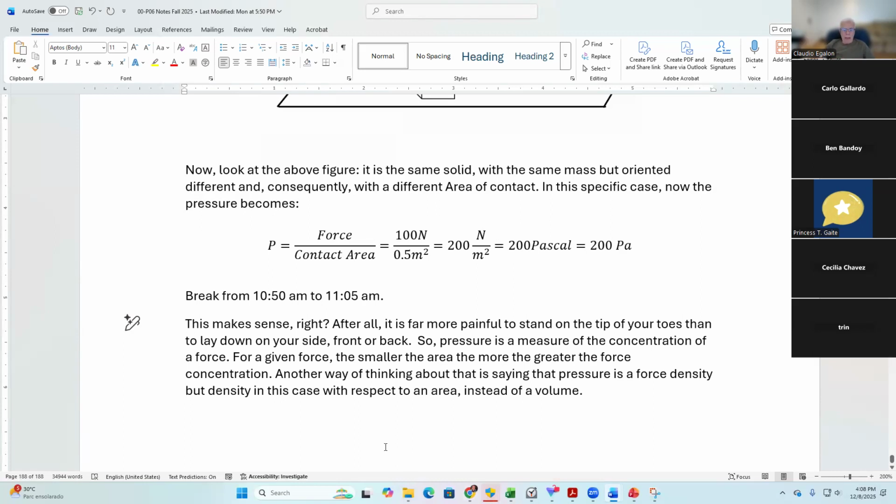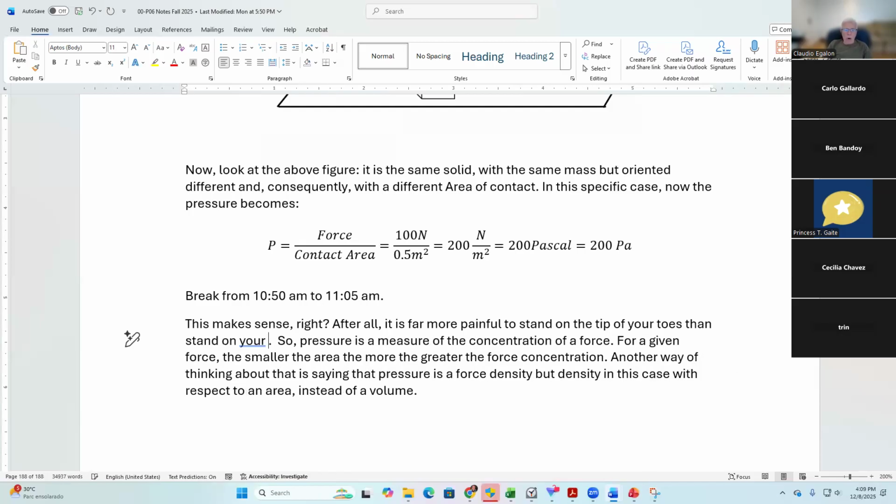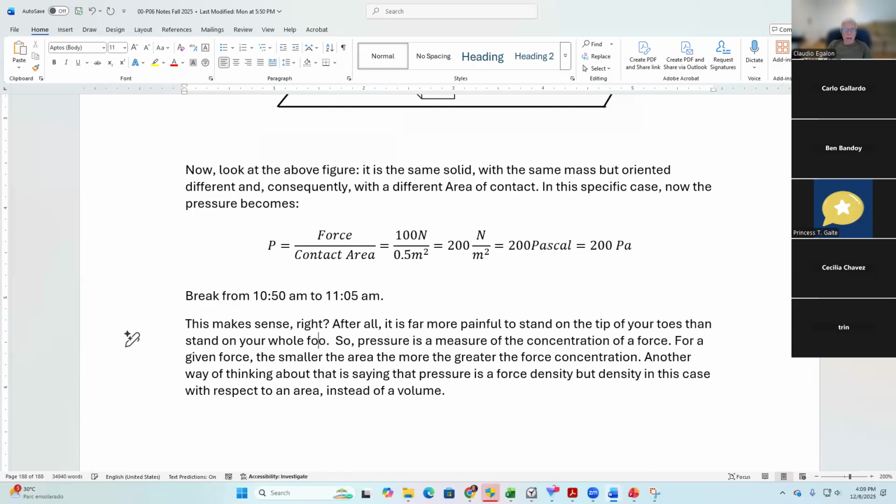Just recall that it's far more painful for you to stand on the tip of your toes, right? Than to lay down on your side, front or back. It's far more painful to stand on the tip of your toes than to stand on your whole foot, right?